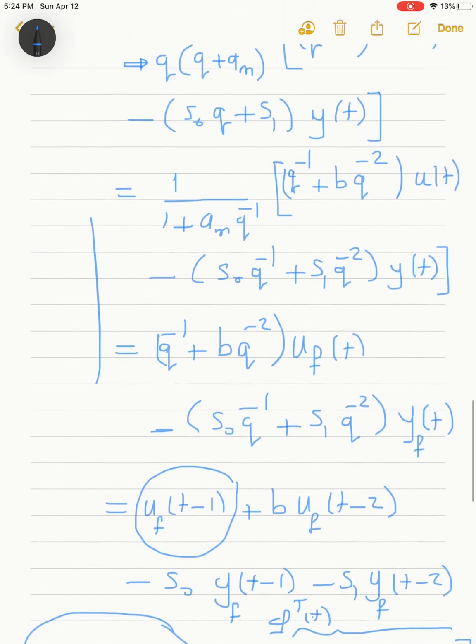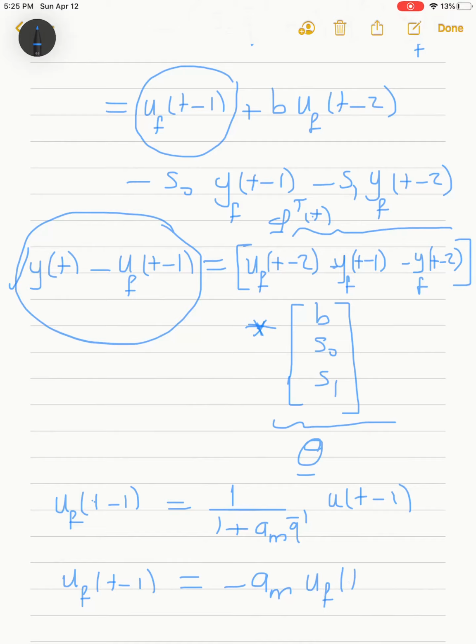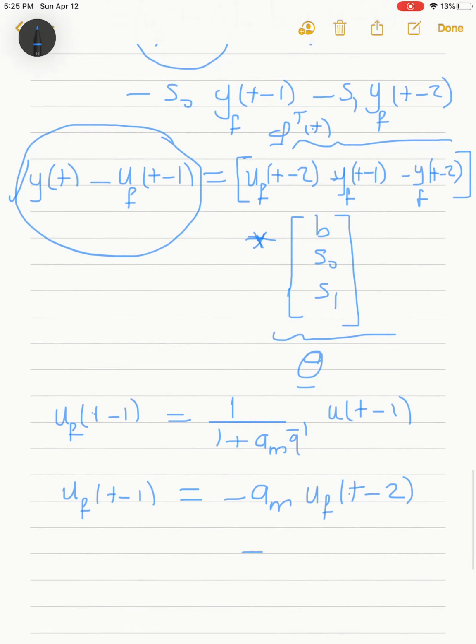So the product of these two will give me the filtered signal. But from this equation we can write that the filtered signal at t minus 1 equals minus am times the filtered signal at t minus 2, plus u at t minus 1.